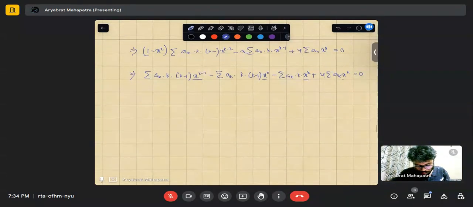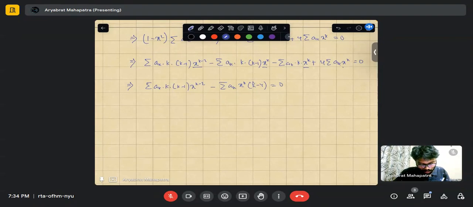So here you see that effectively you have two terms, that is k minus 2 ak x to the k times k squared minus 4 equals 0.